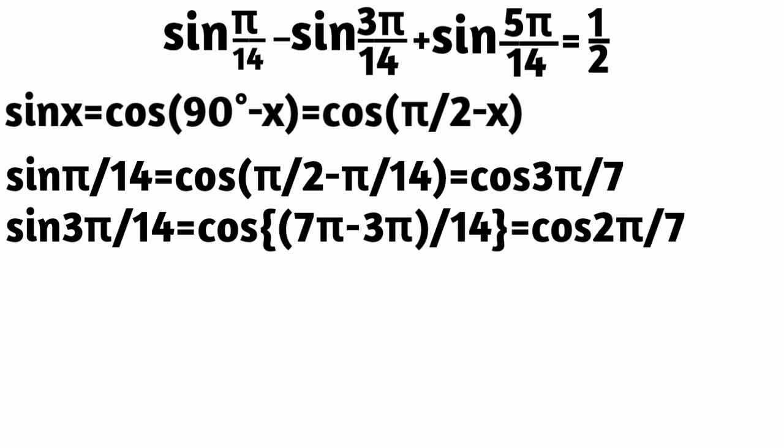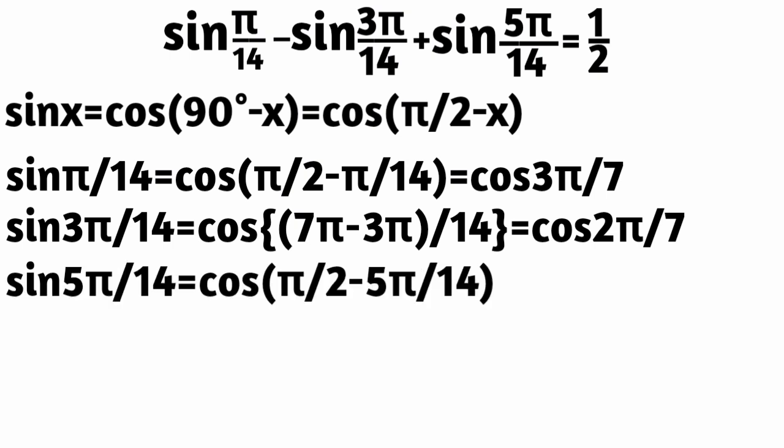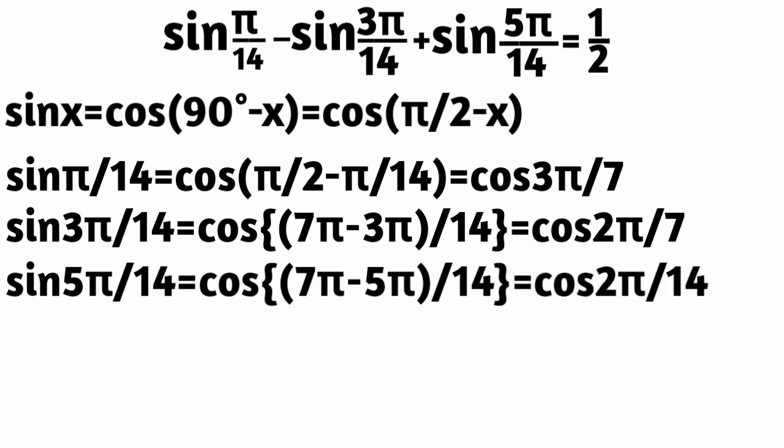Similarly, sin 5 pi by 14 can be written as cos (pi by 2 minus 5 pi by 14), which on further simplification by taking LCM we can express as cos 2 pi by 14, which is nothing but cos pi by 7.